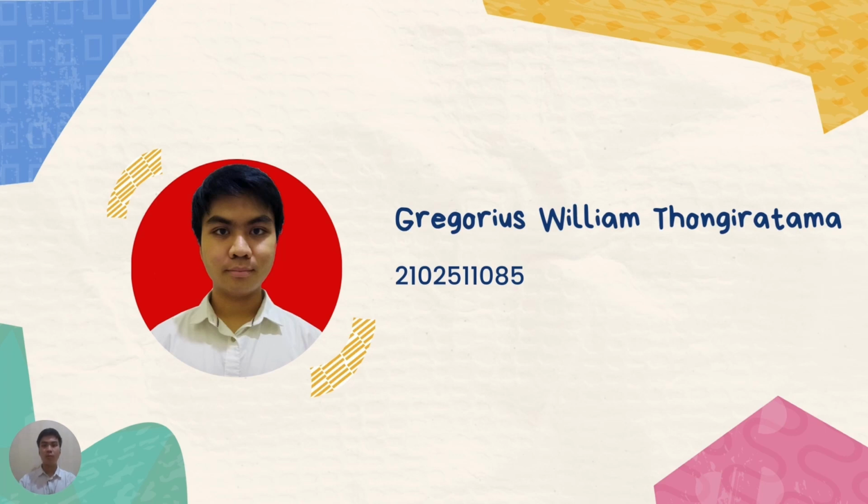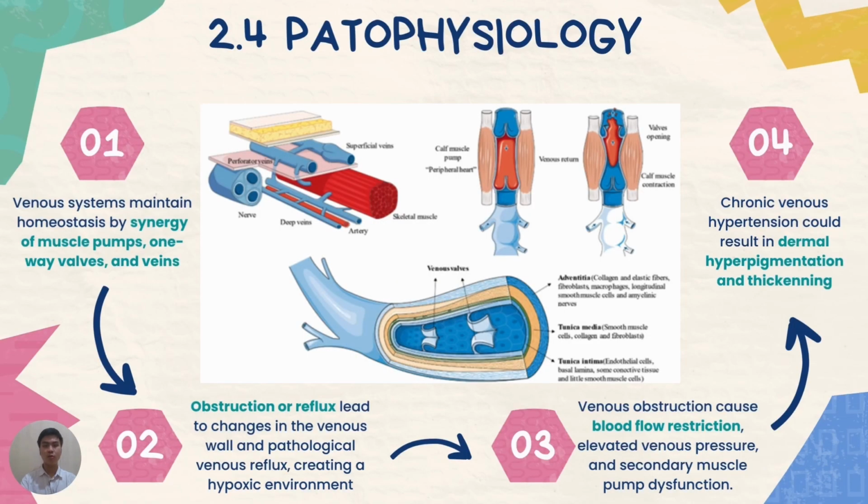Now I'm going to explain about the pathophysiology of chronic venous insufficiency. So commonly the venous system consists of muscle pumps, one-way valves and veins. But if there is an impairment in the muscle pump or one-way valves for a long period of time, then a disease called chronic venous insufficiency could develop.